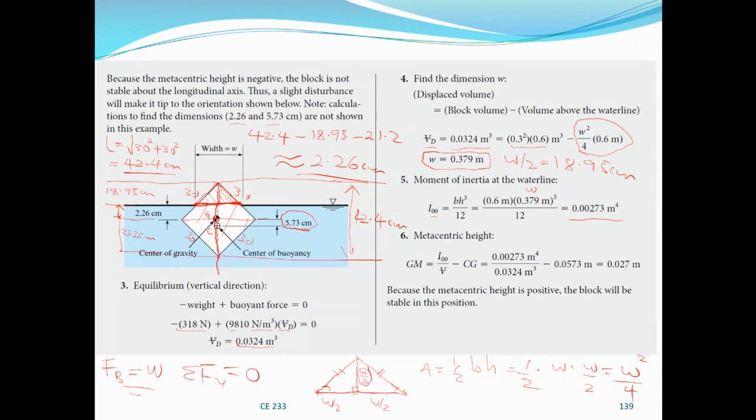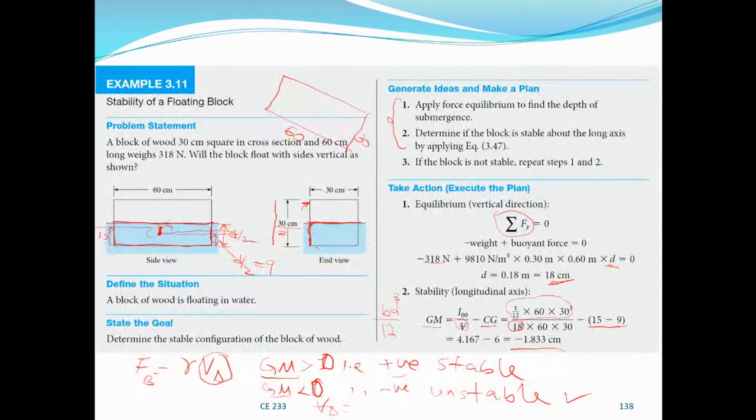And then we go back to substitute. This is our new CG. What is the distance between the center of buoyancy and the center of gravity? And then this is our new displaced volume, substituted here.